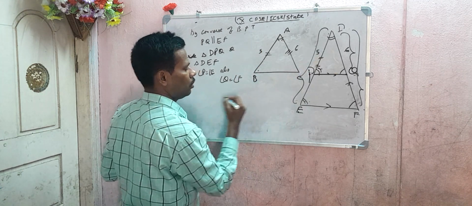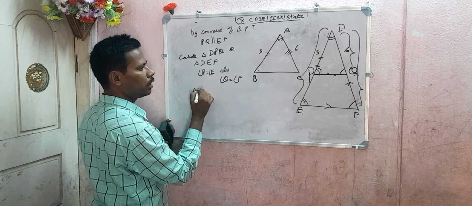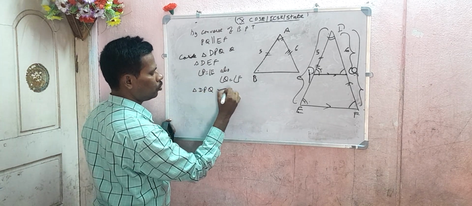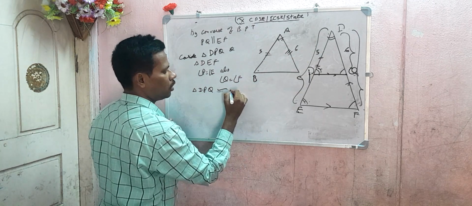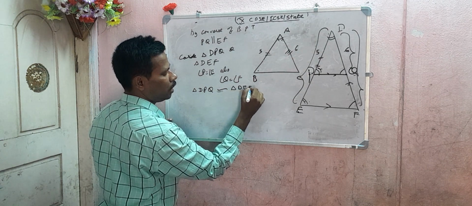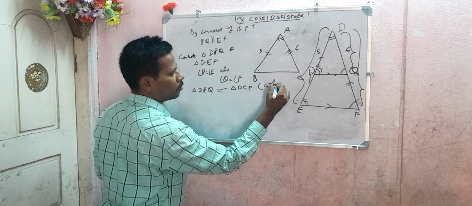So therefore, triangle DPQ is similar to triangle DEF. Why?